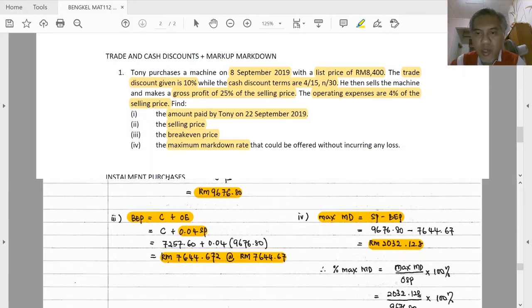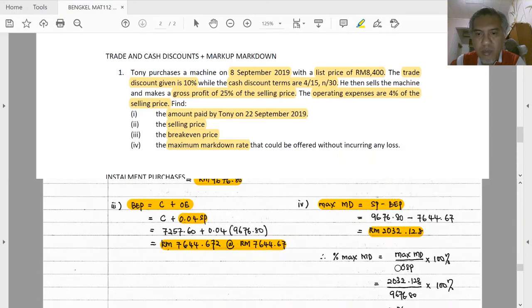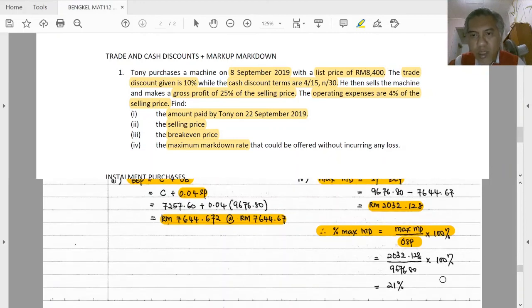In order to find the maximum markdown rate, you just take the maximum markdown amount divided by the original selling price, multiplied with 100. So the maximum markdown rate is maximum markdown divided by original selling price multiplied with 100. Substituting the correct values and calculating the rate, you get 21%.